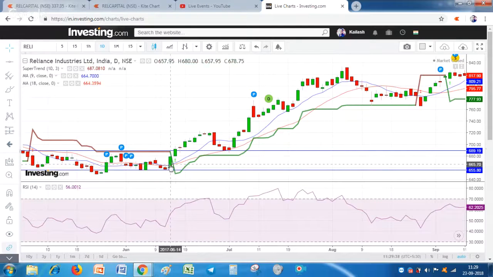The moving averages gave this buy signal at the start of the trend, and the super trend signal is a little later, because there was already a sell signal in the previous time by the super trend. So that's why the super trend signal is late, but the moving average signal is early. So we got two confirmations, and RSI is also in confirmation.